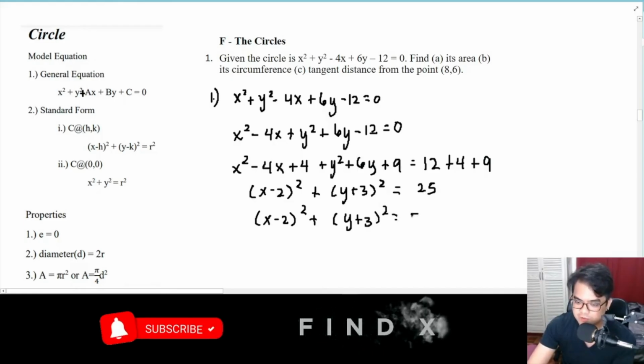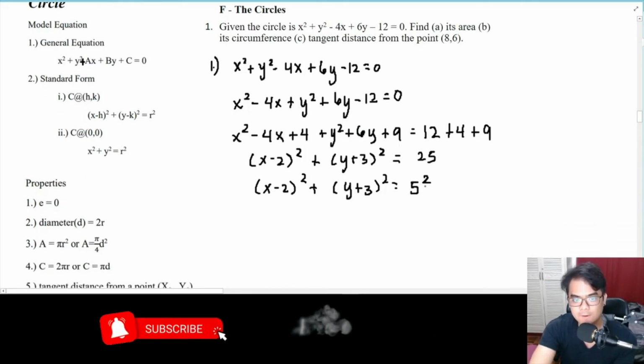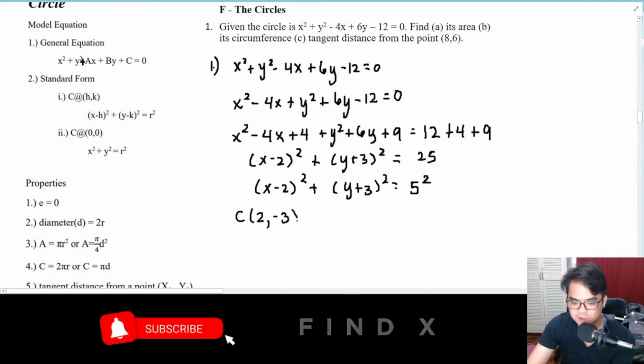You can also rewrite this as 5 squared. Therefore, from this equation, by comparison, the center will be 2 and negative 3, and the radius will be 5, because this part is r squared. Therefore, r is equal to 5.